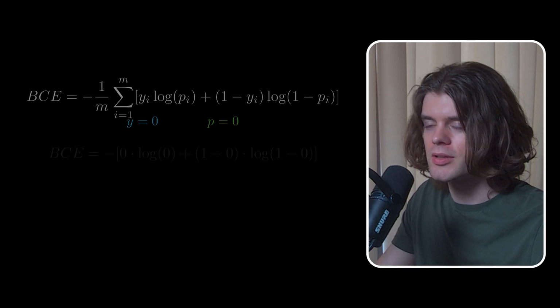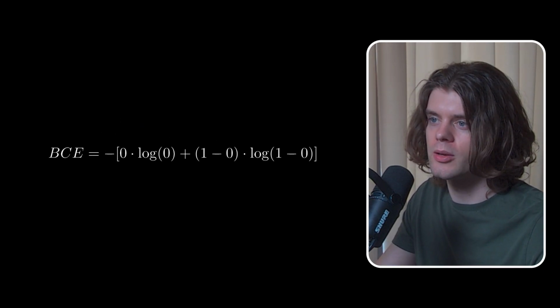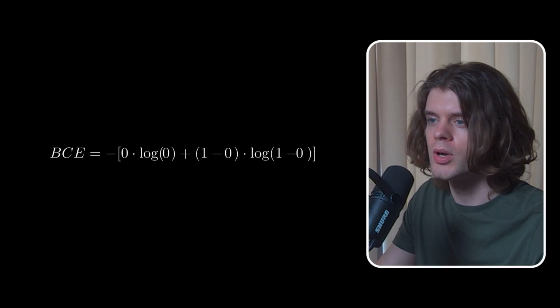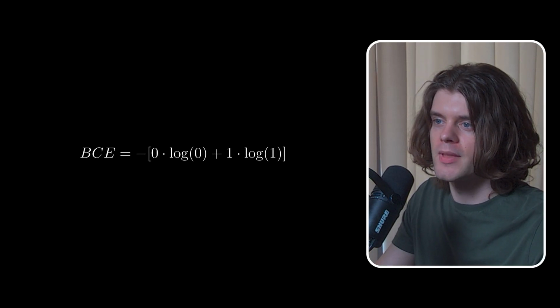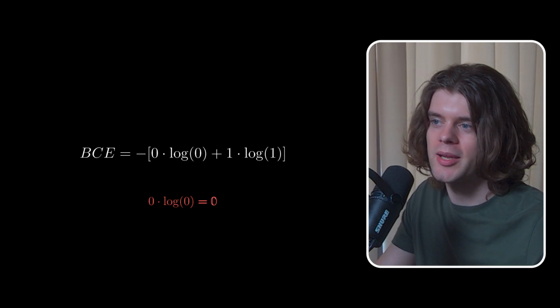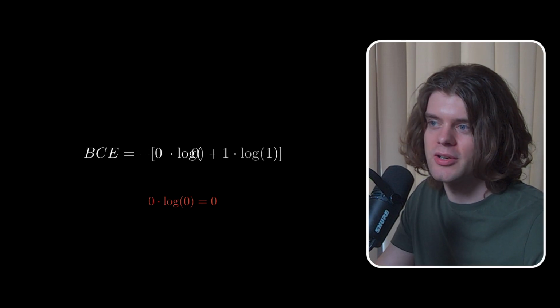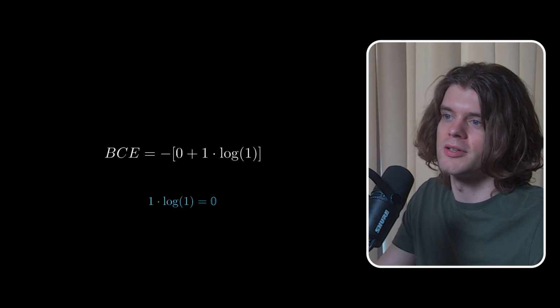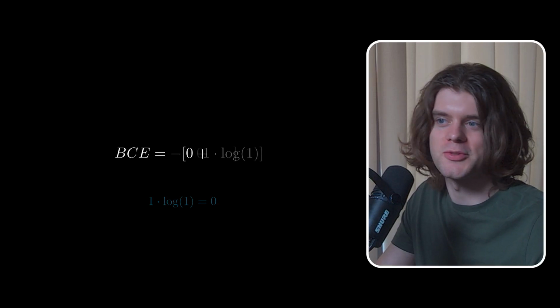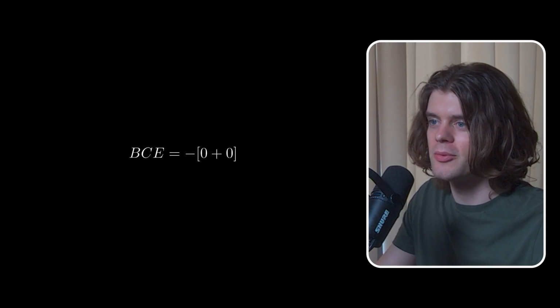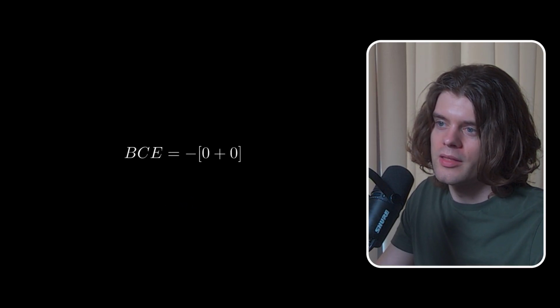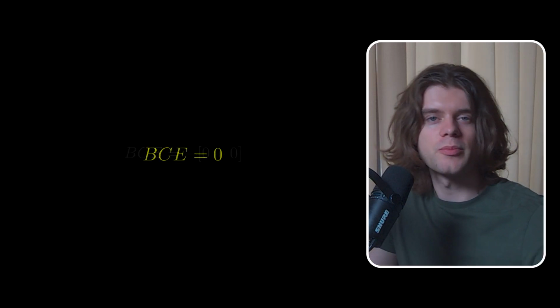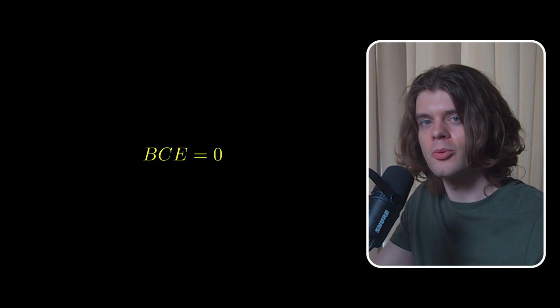Here's the formula. We plug y equals 0 and p equals 0, and now 0 times log 0 mathematically limits to 0, so it disappears. The other log is log 1, which is also 0. Negate the sum and we still have 0.